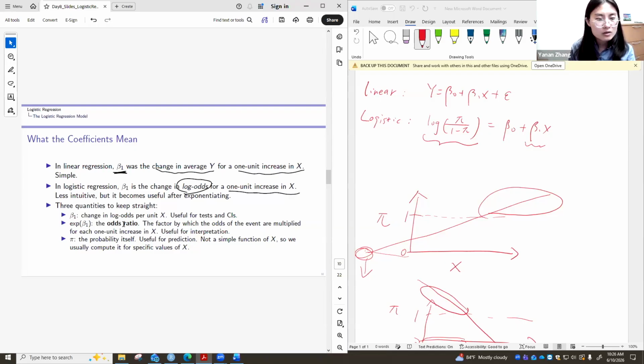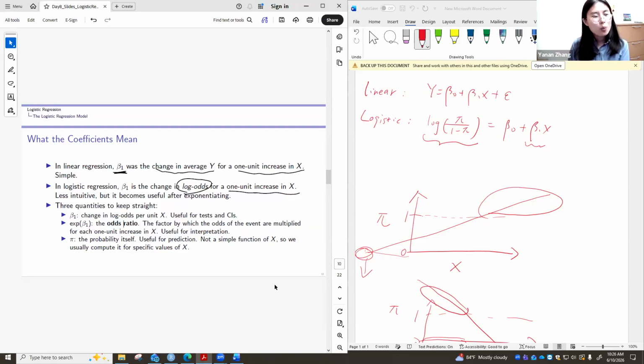So here, the odds ratio is actually comparing two odds, right? You can think of it as, in the numerator, we have odds at one condition. In the denominator, we have odds at a different condition.